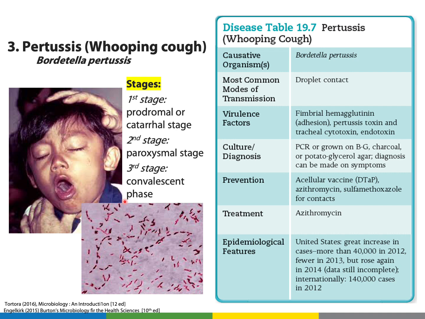Another bacterial disease that affects the lower respiratory tract is your pertussis or your whooping cough, which is caused by Bordetella pertussis. So whooping cough is a highly contagious acute bacterial childhood infection which is caused by Bordetella pertussis, which is a small encapsulated non-motile gram-negative coccobacillus that produces endotoxin and exotoxin.